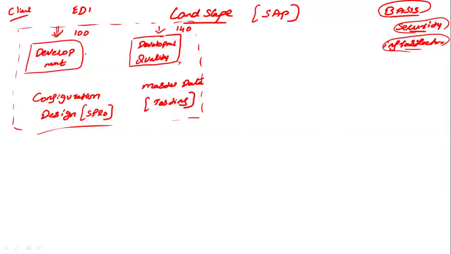So we have a concept called the TR, the transport request. You would have seen how the transport request looks. So whenever you do some configuration, a pop-up will get generated asking you to save in a transport request. If you go inside that transport request, you will be able to see what all you have configured under the transport request. Okay, so let me show that part also.